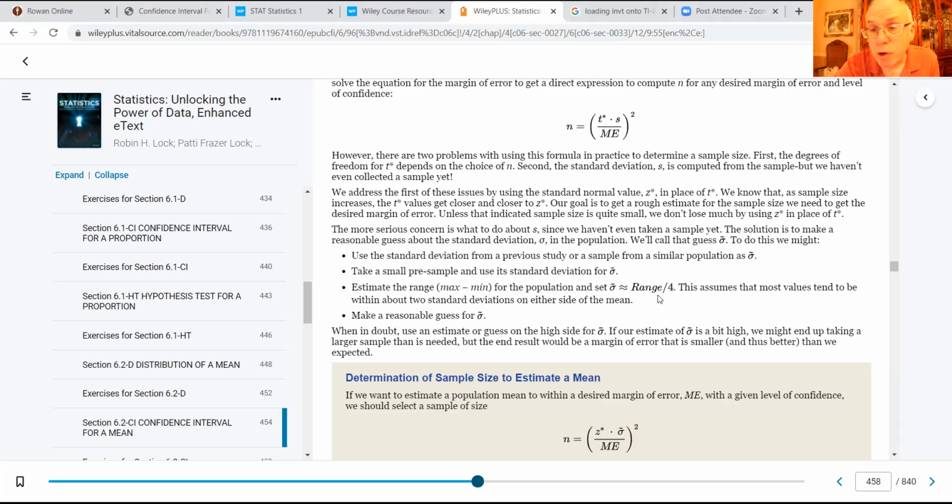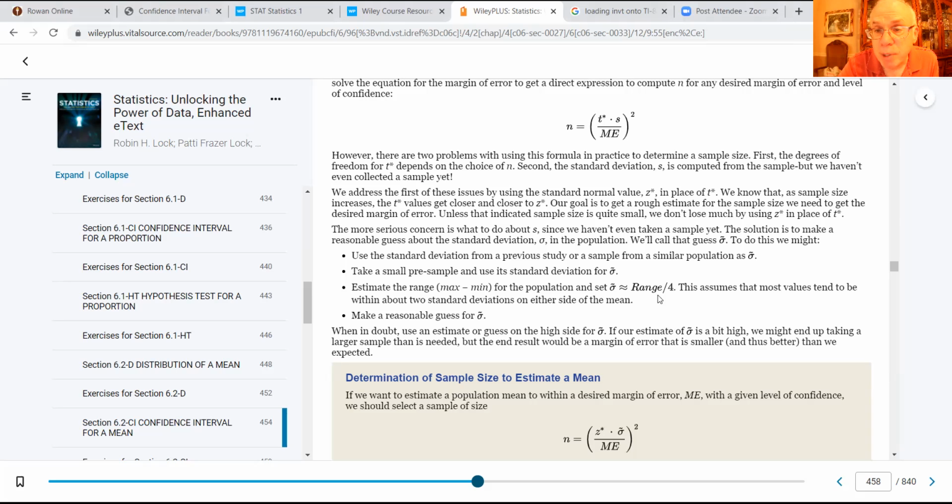So let's say over a long period of time, many calculations are done for the continuous variable that we're measuring, and we sort of know what the smallest number is and what the largest number is. We take the difference between those two. In other words, we calculate the range and divide it by 4. That's assumed to be a decent estimate of the standard deviation. So that is an estimate for sigma.